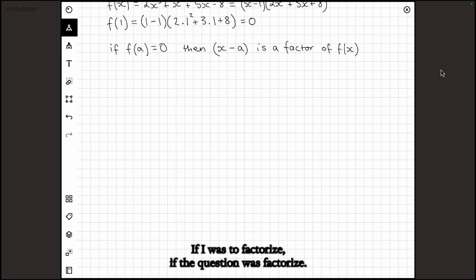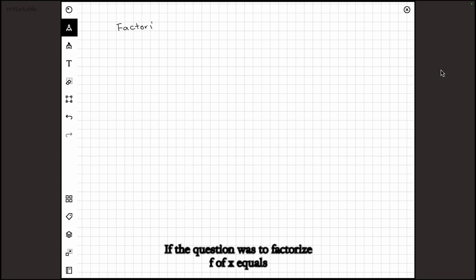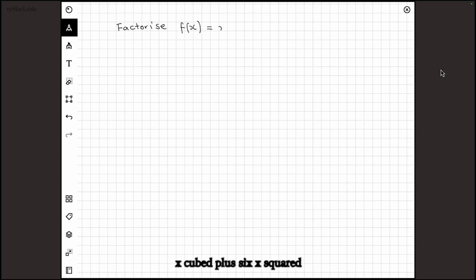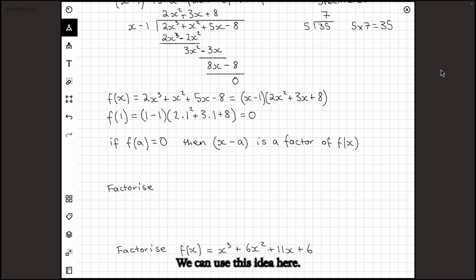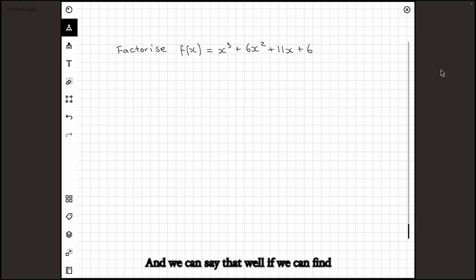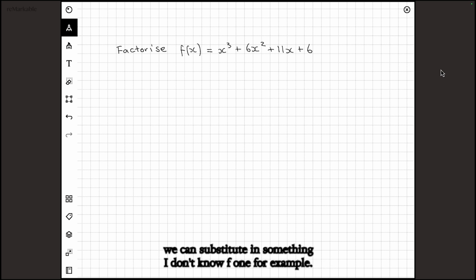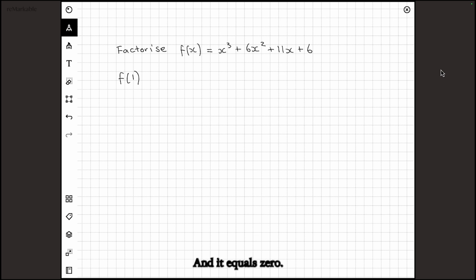If the question was to factorize f of x equals x cubed plus 6x squared plus 11x plus 6, we can use this idea here. And we can say that, well, if we can substitute in something, I don't know, f of 1, for example, and it equals 0, then we know that x minus 1 is a factor, and we can divide through.